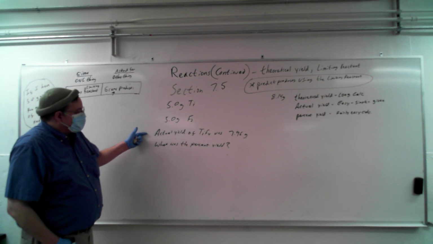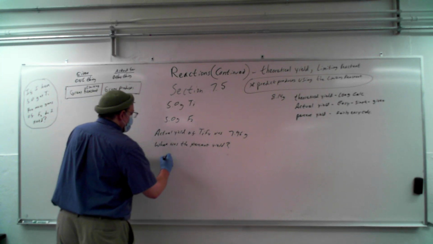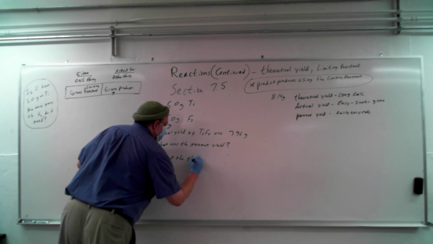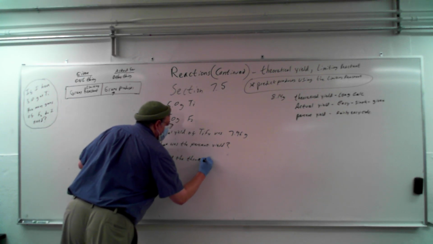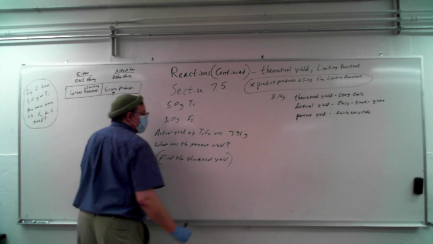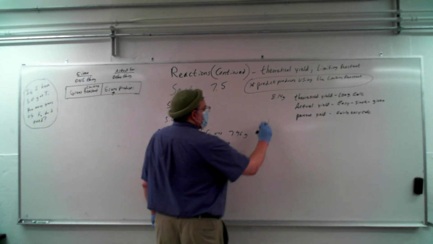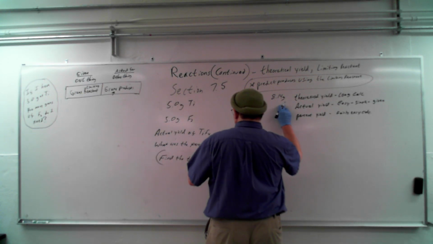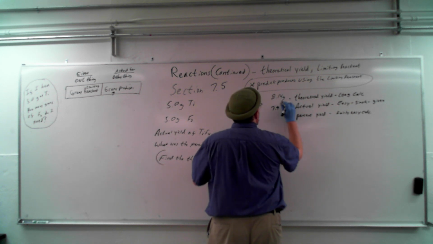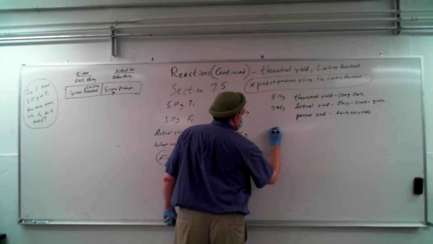If this was the actual yield, what was the percent yield? What you have to figure out is you have to find the theoretical yield, which is the long walk. But if we find out that our theoretical yield was this, and our actual yield was 7.96 grams, the percent yield is just this.